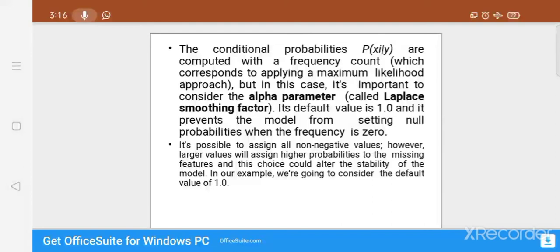That's why we use the alpha parameter, and its default value is 1.0. Clear? It prevents the model from setting null probabilities when the frequency is 0. Okay.